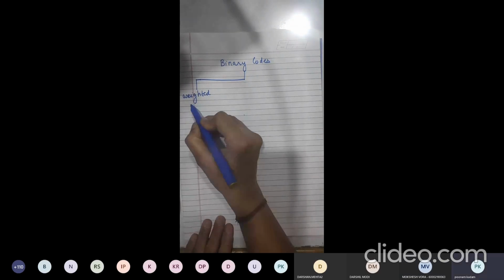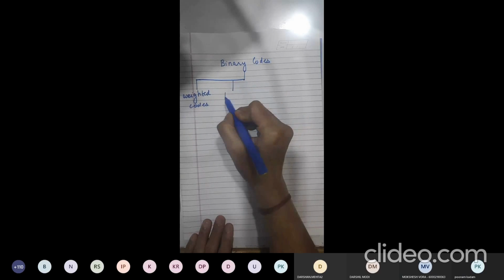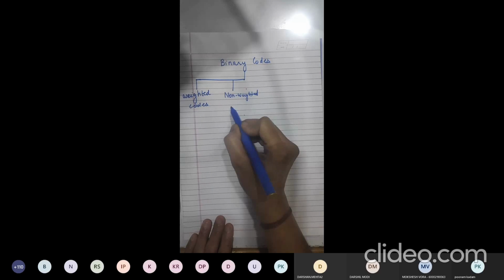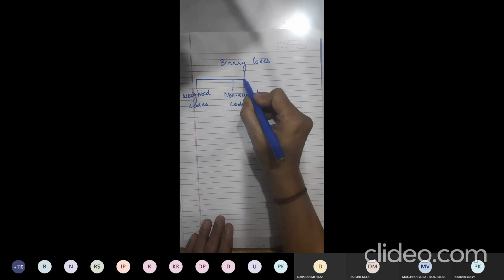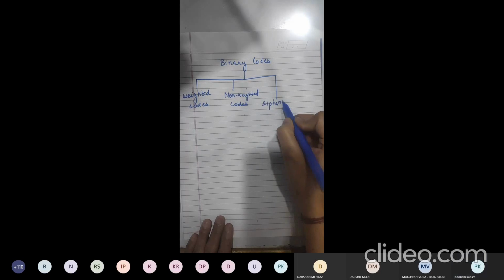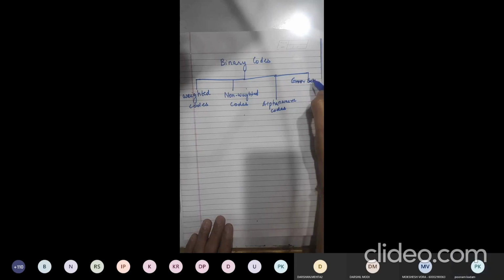Binary codes can be classified into weighted codes, non-weighted codes, alphanumeric codes, and error detecting and correcting codes.